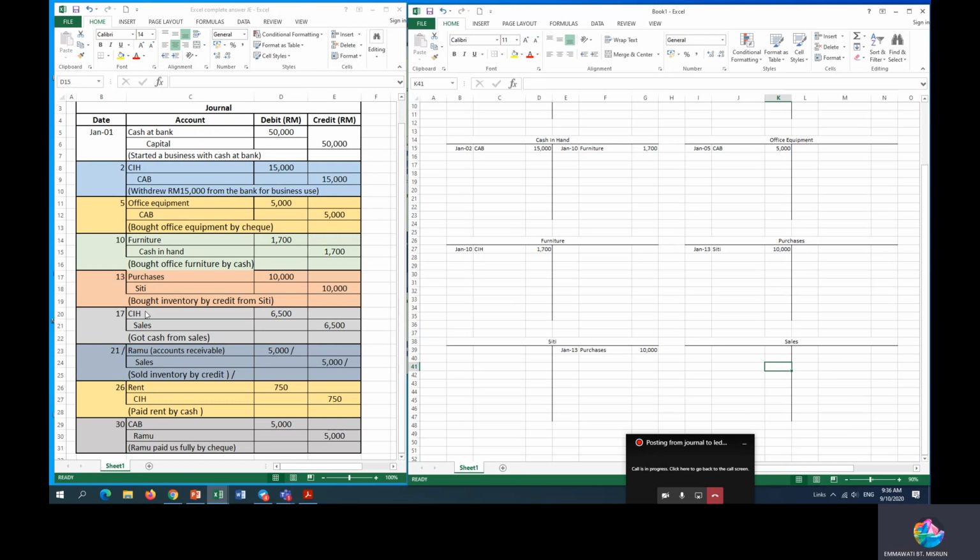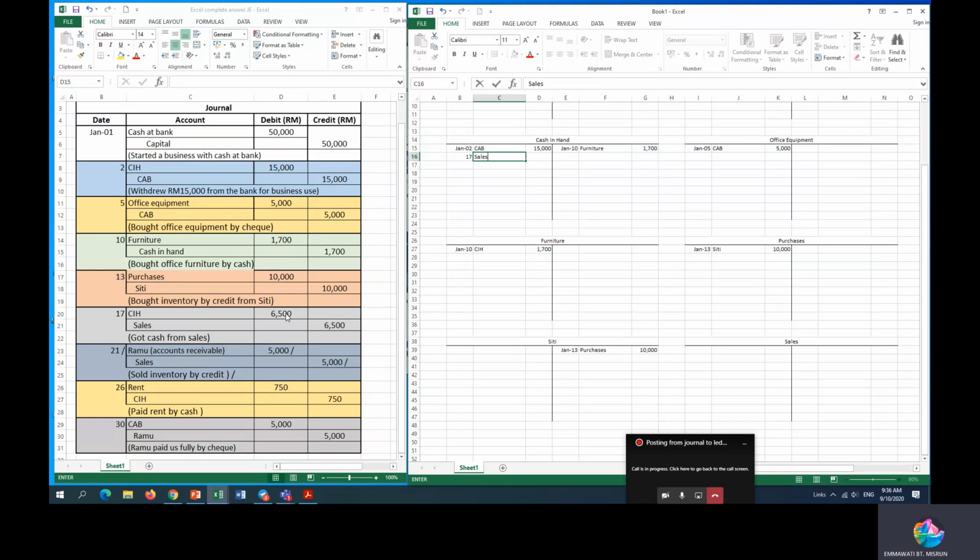So we have on January 17, cash in hand debit 6,500 and sales credit 6,500. So I choose to do the entries on the debit side first. So we will use the cash in hand account. It is on January 17. So the entry for cash in hand is sales, on the debit side of cash in hand with the amount of 6,500.